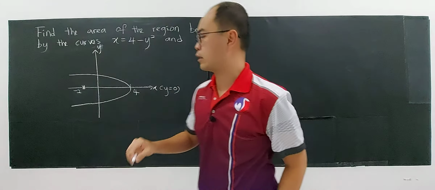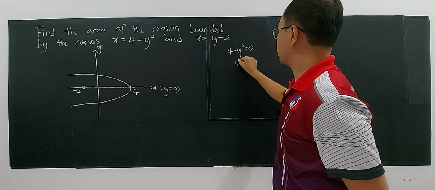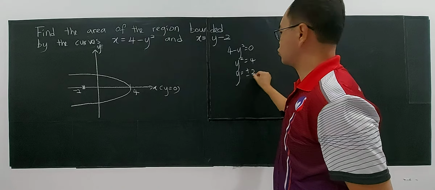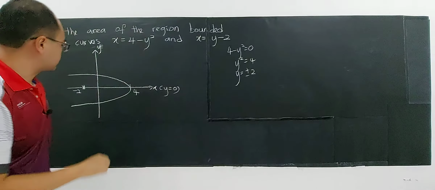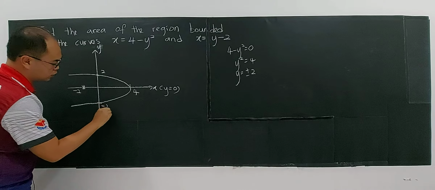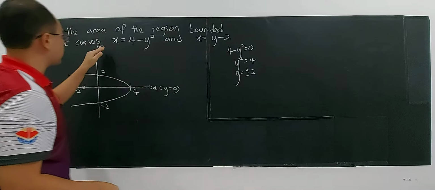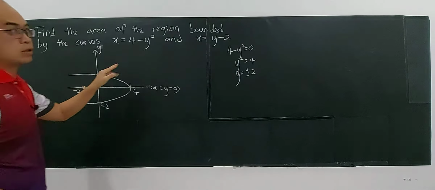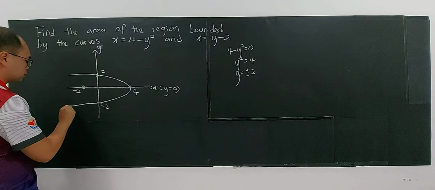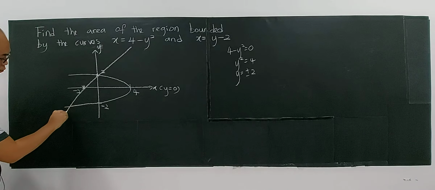So 4 minus y squared equals 0, giving y squared equals 4 and y equals plus or minus 2. So there is a 2 here and a negative 2 here. From this line, you know the y-intercept is also 2, because when x is 0, y is 2. So the graph is actually drawn this way.